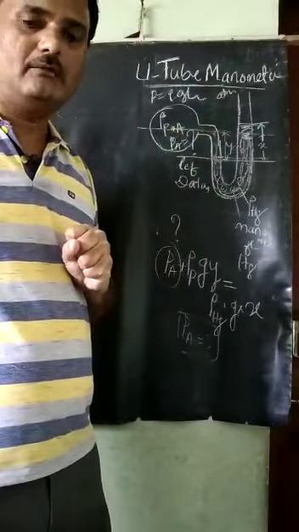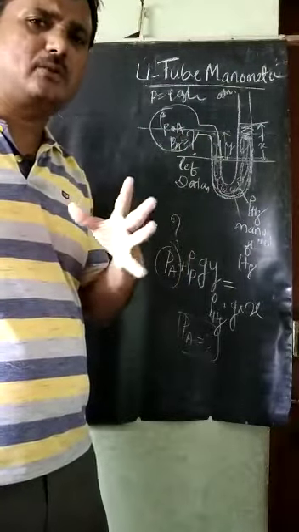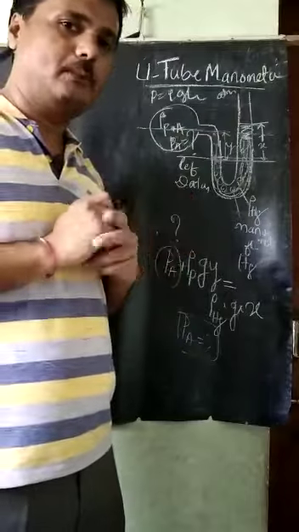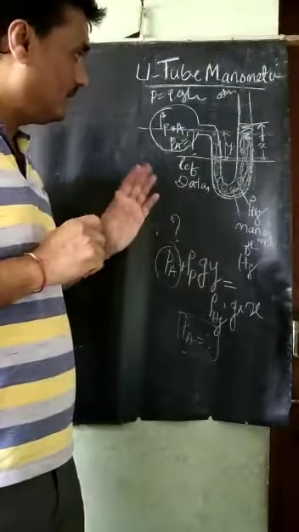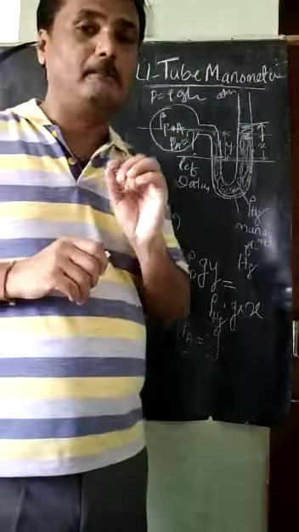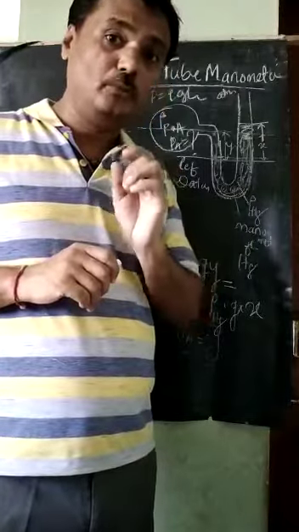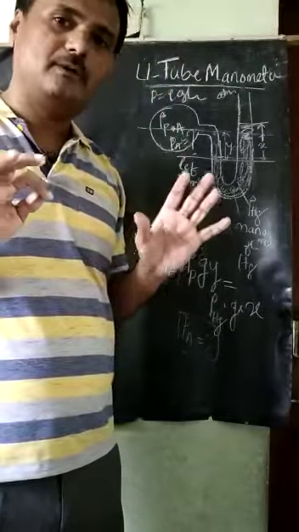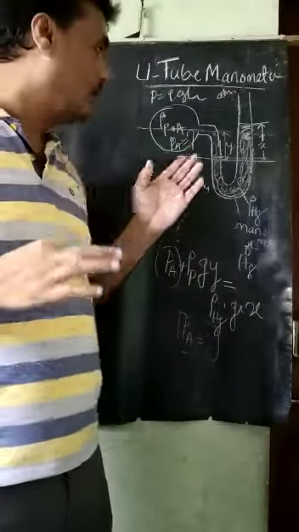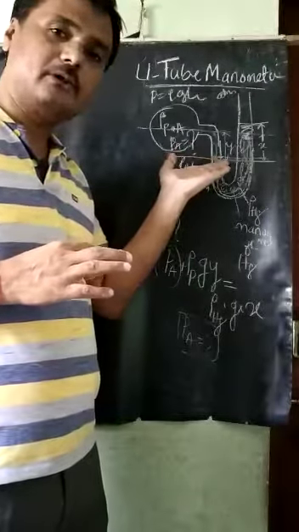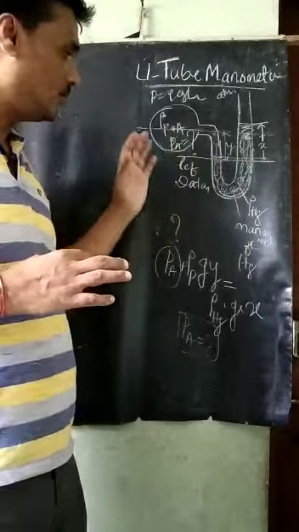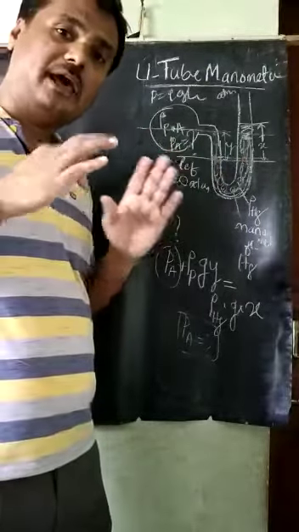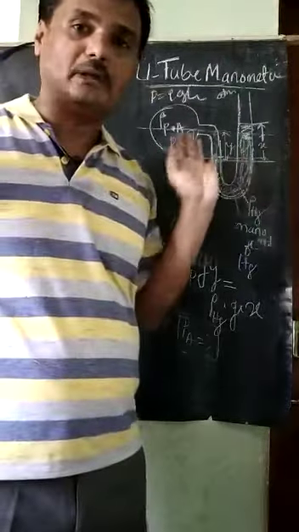Some indirect and direct ways are available to find it. This is how to write the balance equation, the equilibrium equation, for U-tube manometers: for the left limb, for the right limb, and how to take the reference line for the lower levels. The same procedure has to be applied for all manometers.